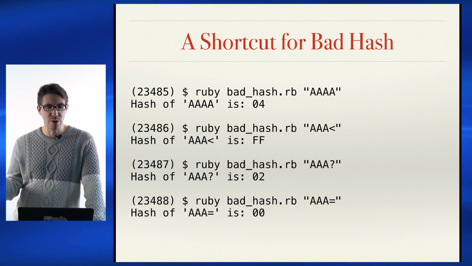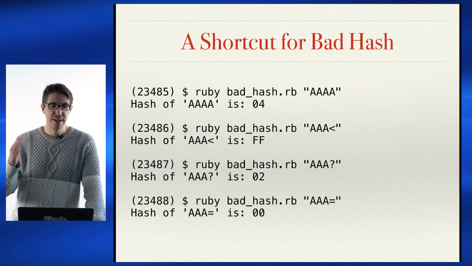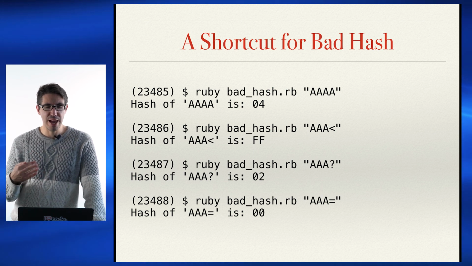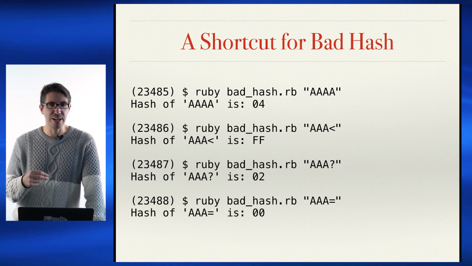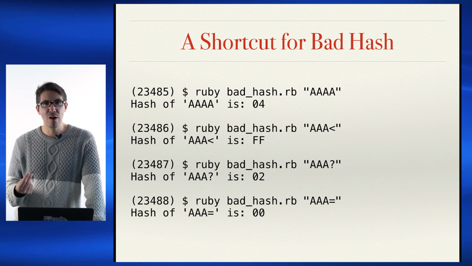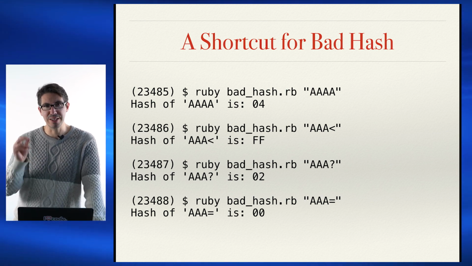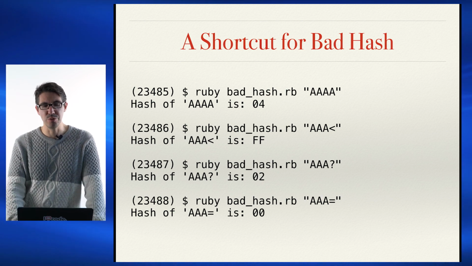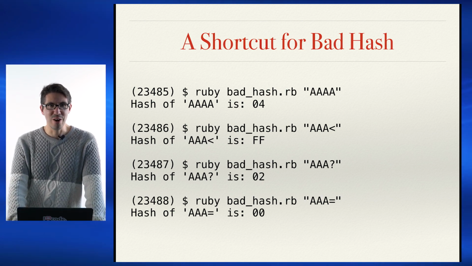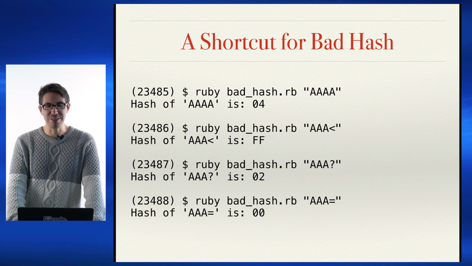So what happens if I subtract 2 from that? I get the equal sign. So AAA= gives me a hash of 00. I obviously could have made this even shorter if I just had an ASCII table and could calculate it out, instead of trying to remember the particular ASCII values of different characters.